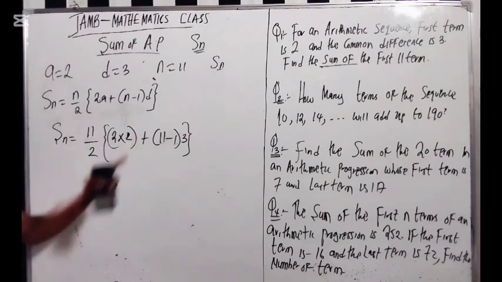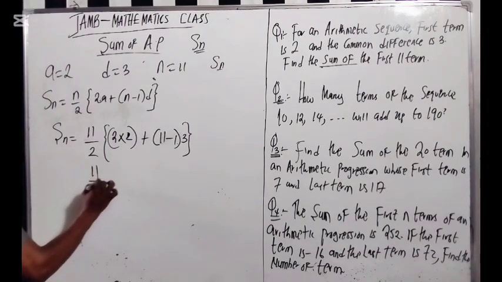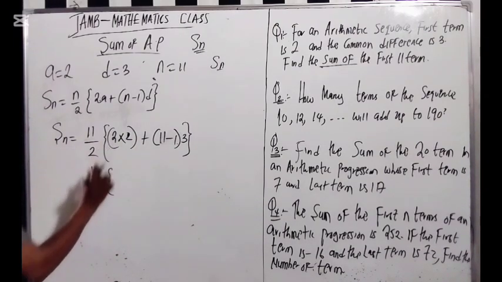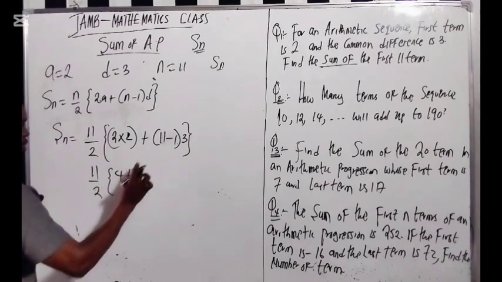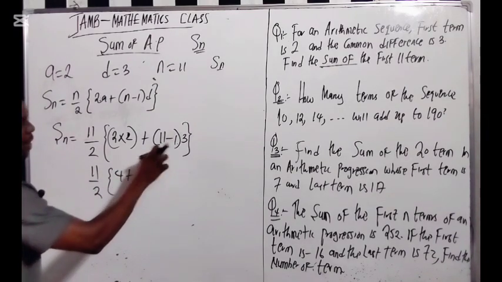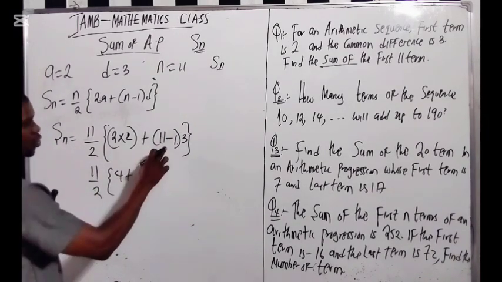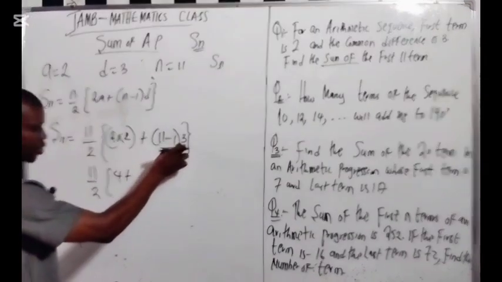So it's going to be 11 over 2 times, 2 times 2 is 4, plus 11 minus 1 is 10, times 3 is 30.